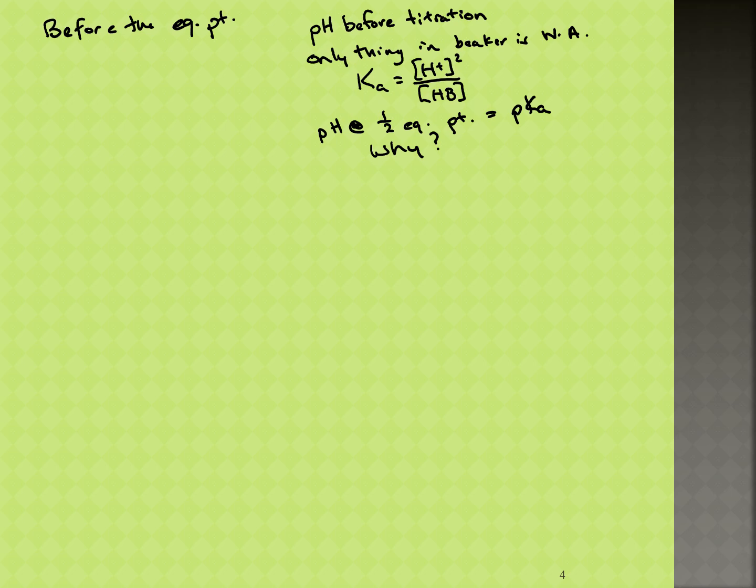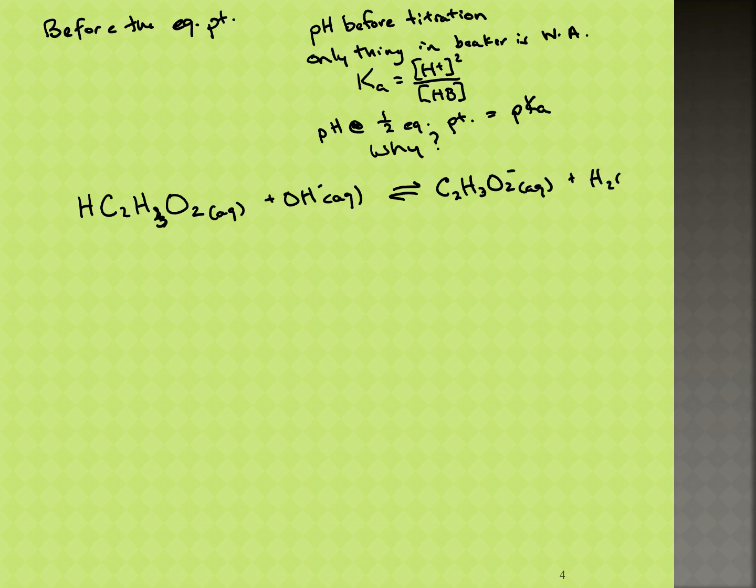Well, let's take a look at our reaction. We've got our acetic acid. We're going to react that with some strong base, and we are going to form the acetate anion, like so, and some water.